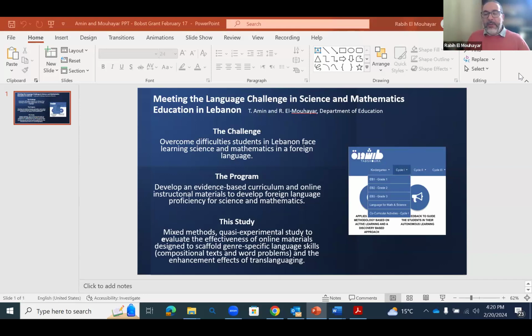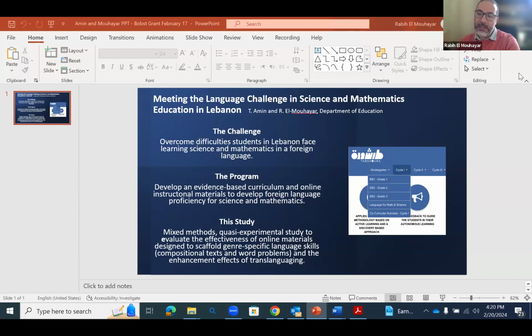In addition to that, we have previously analyzed textbooks in math and in science from across cycles 1, 2, and 3. These are grades 1 till grade 9. And we came up with hypothetical features regarding the curriculum, our expectations of the curriculum in math and science, and our expectations in terms of instruction regarding these genre features.